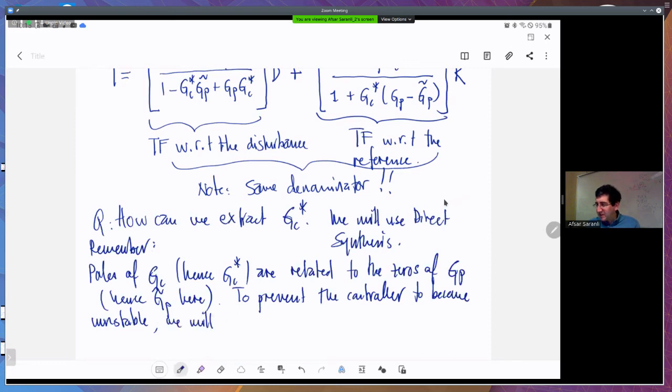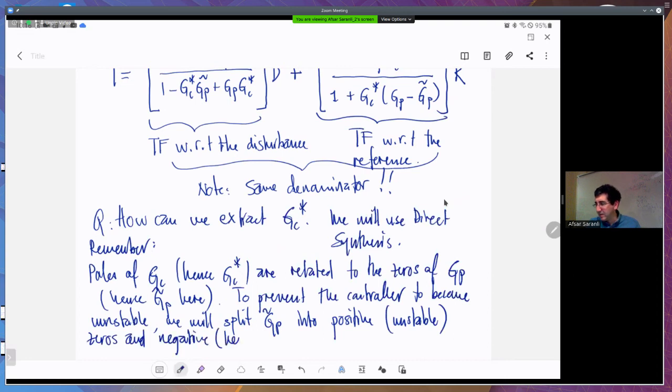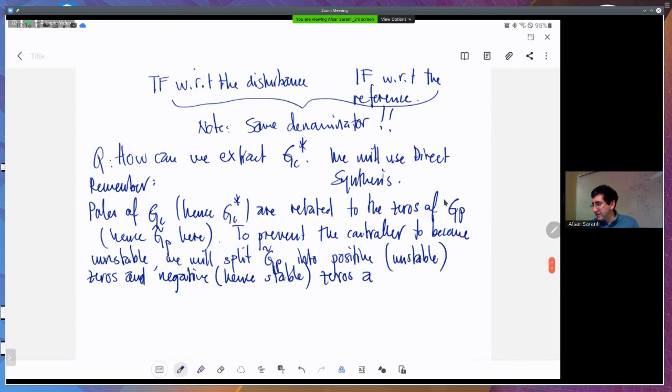We will basically split GP tilde into basically positive, hence unstable zeros, and negative, hence stable zeros, and use the stable zero part in the design.